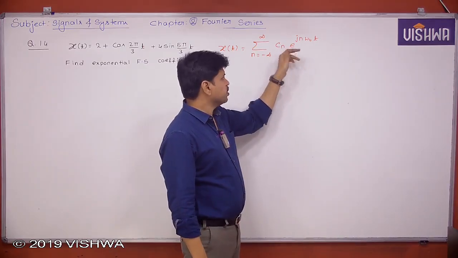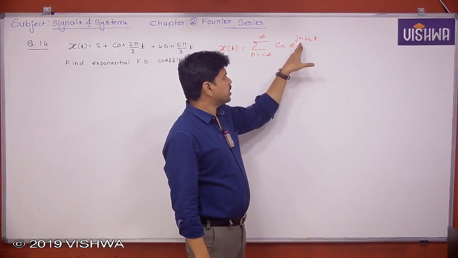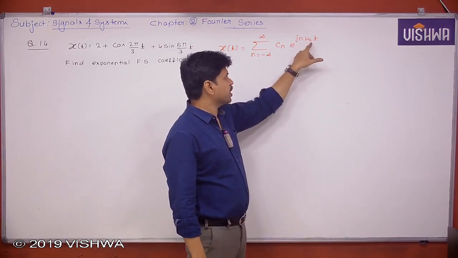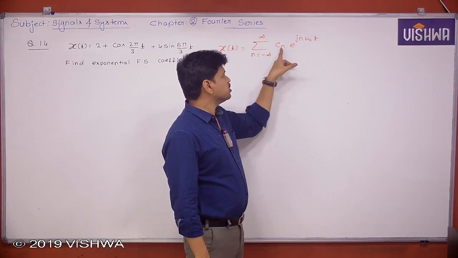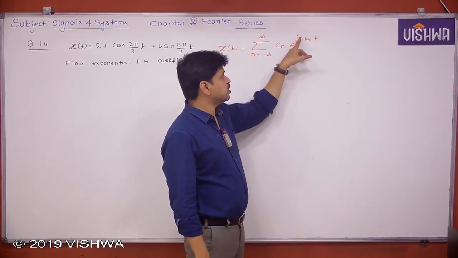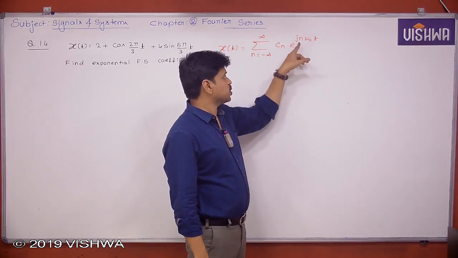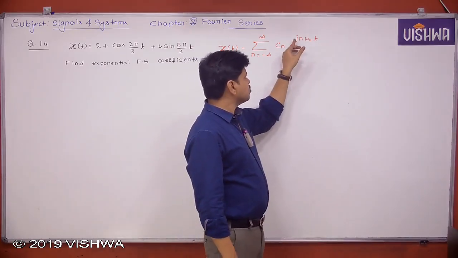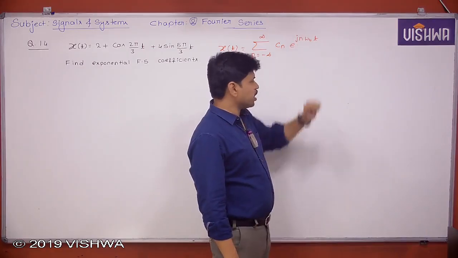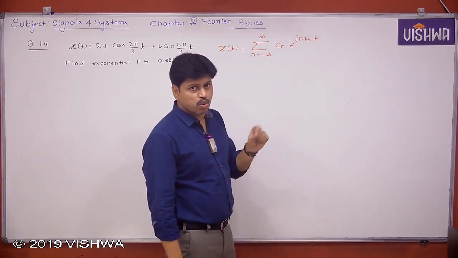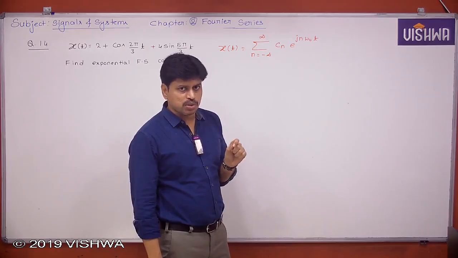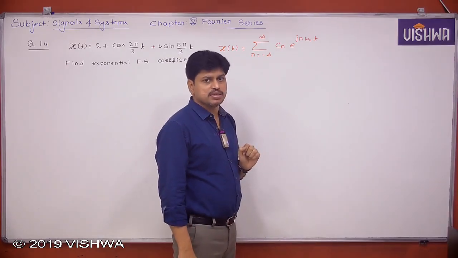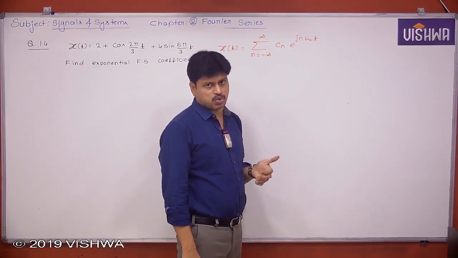Cn. For e^(j3ω0t), the coefficient is C3, because n is equal to 3. What about e^(-j2ω0t)? Here n is equal to minus 2, so this is C minus 2. Is that clear?